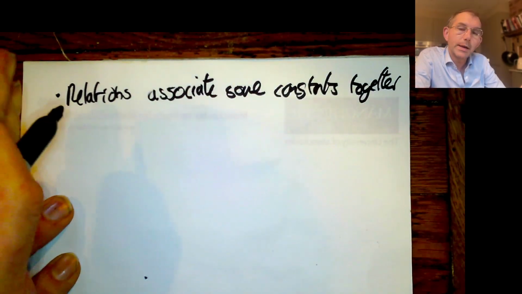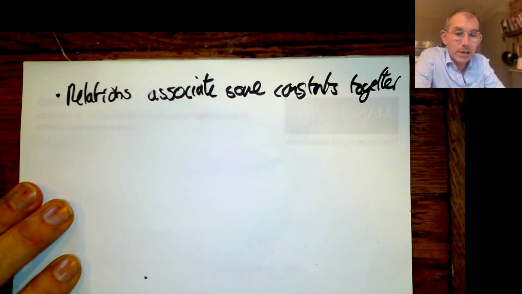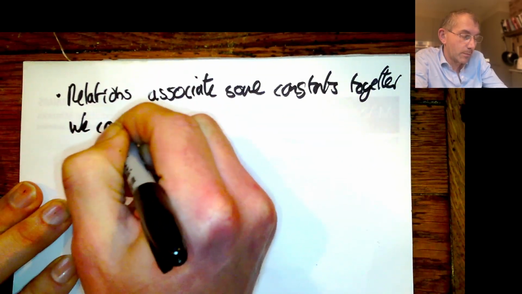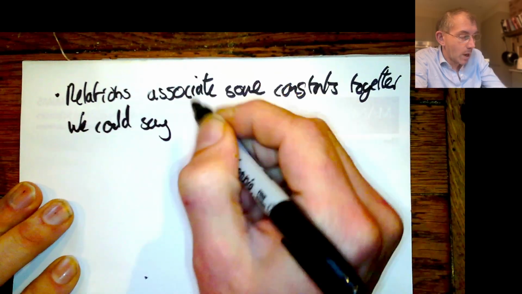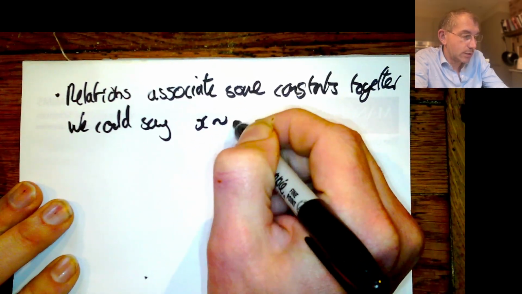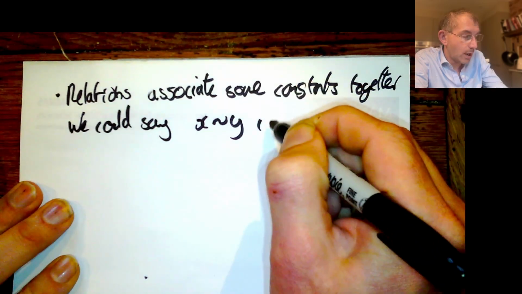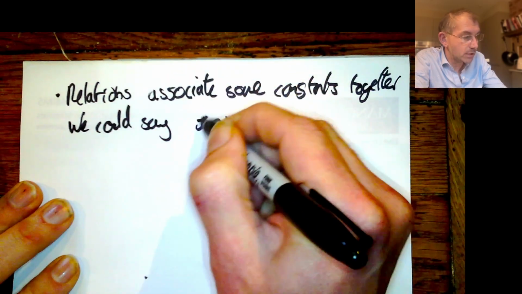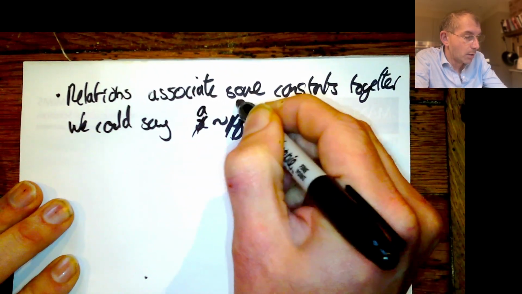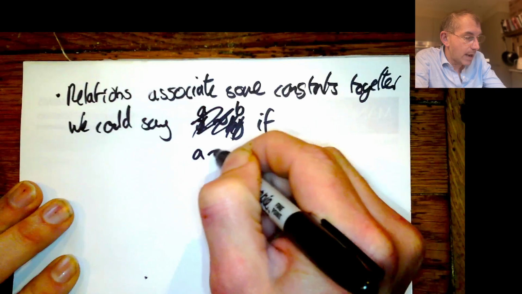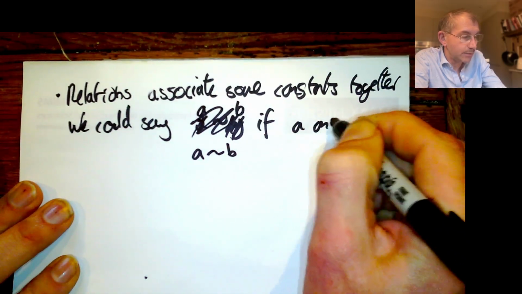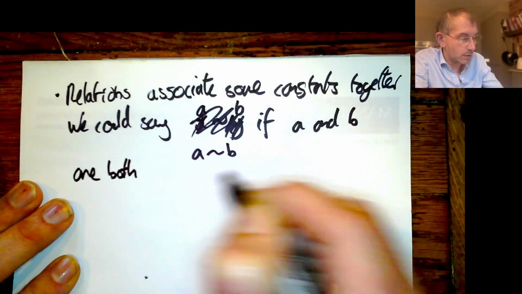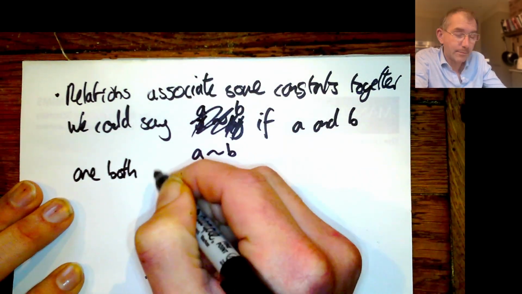So for example, you might want to relate all of the even numbers together. So we could say x is related to y, for these purposes use a and b here, and say a is related to b if a and b are both the same parity, let's say.